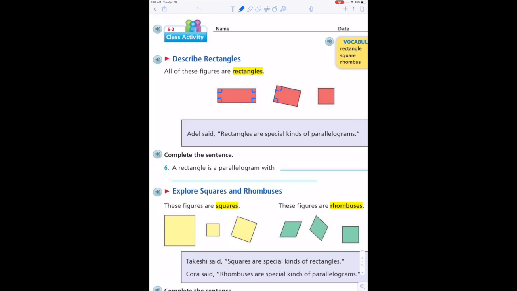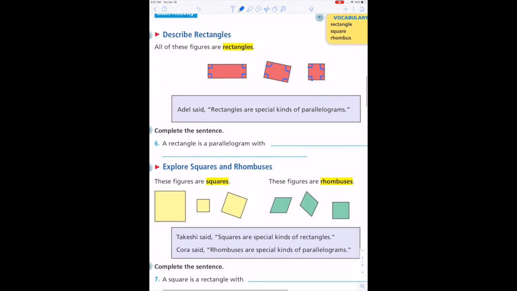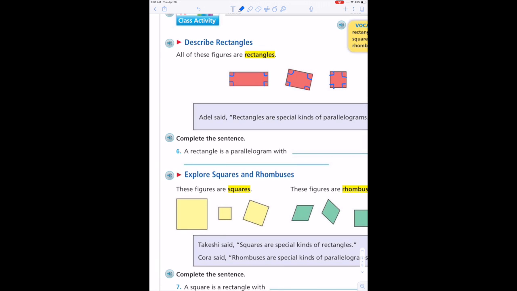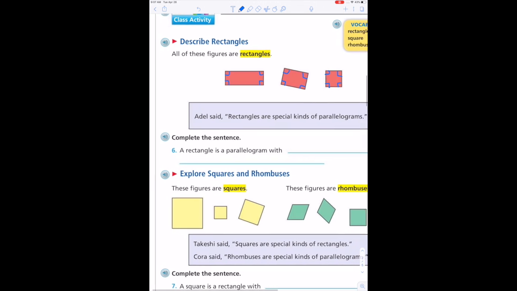So that's a 90, that's a 90, that's a 90. Okay, this is a 90, this is a 90, this is a 90, and this is a 90. Okay? So rectangles are parallelograms with 4 90-degree angles.